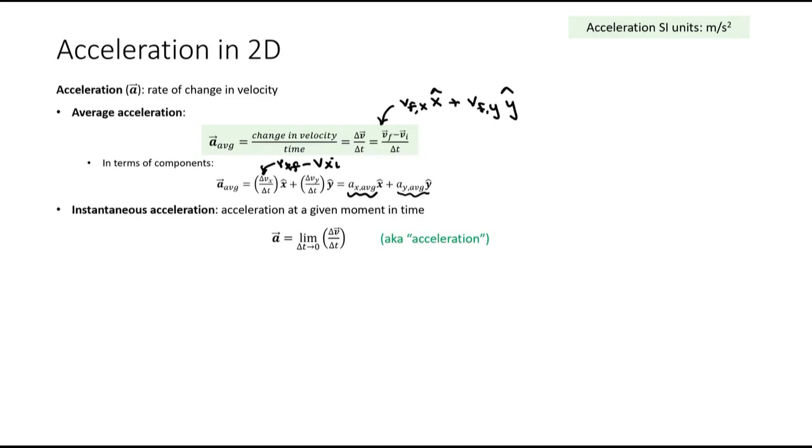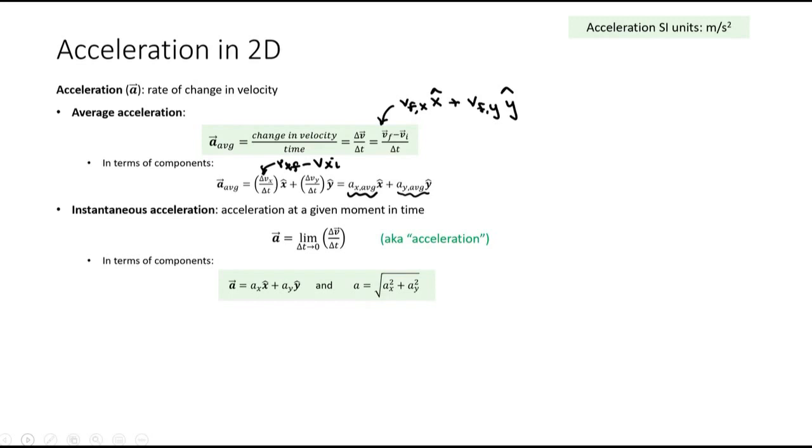Similarly, whenever you see acceleration, it's referring to the instantaneous acceleration. Okay, we can write out our instantaneous acceleration in terms of components as well. So we can think about an x component and a y component, which would just correspond to the instantaneous change in the velocity in the x direction and the instantaneous change in the velocity in the y direction, respectively.